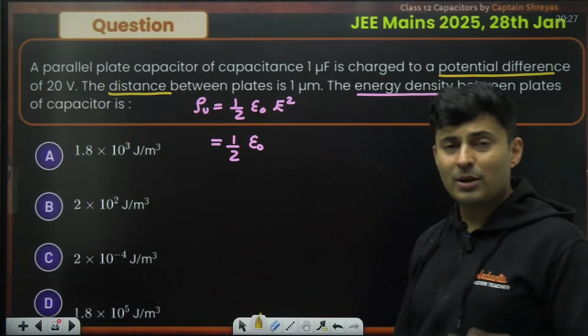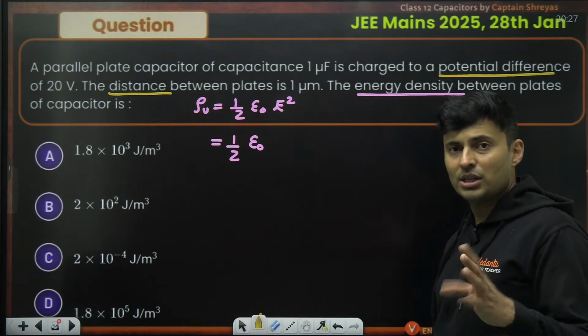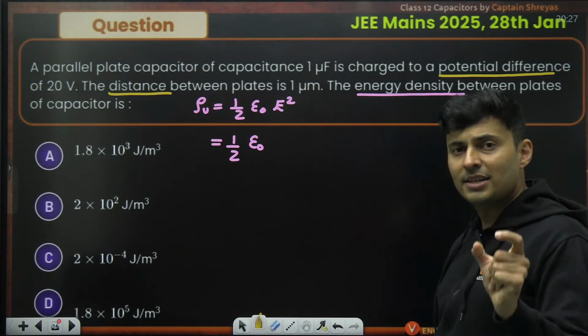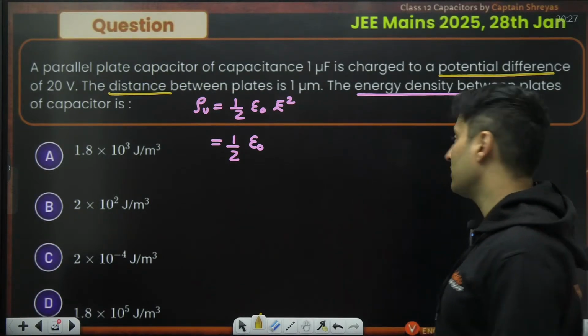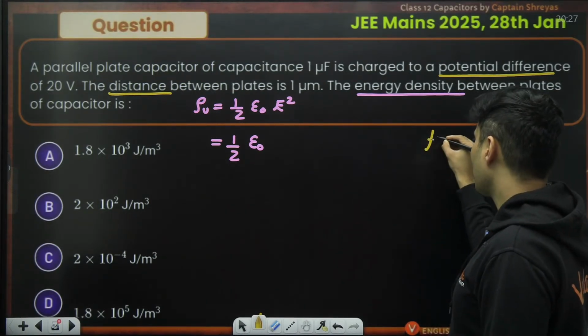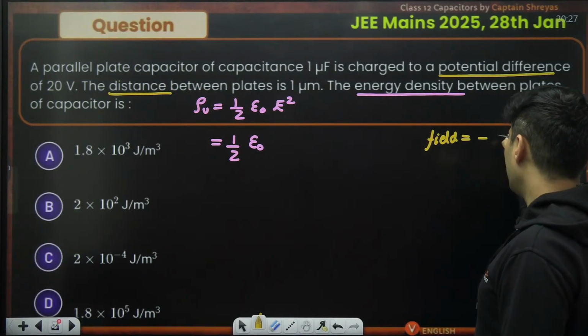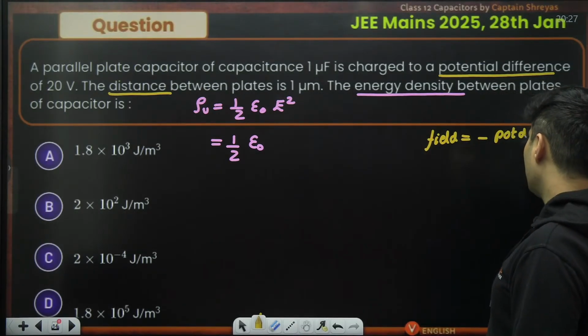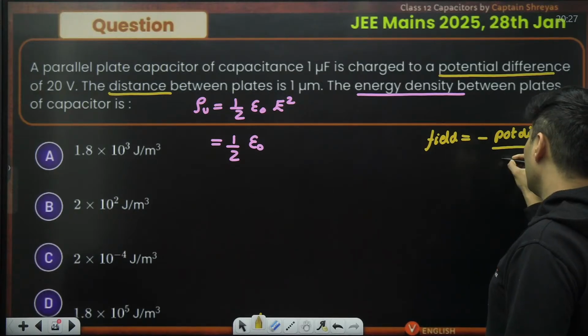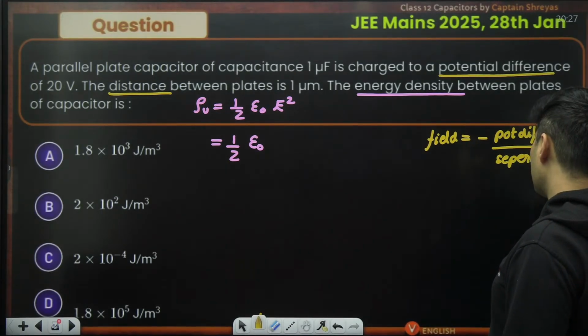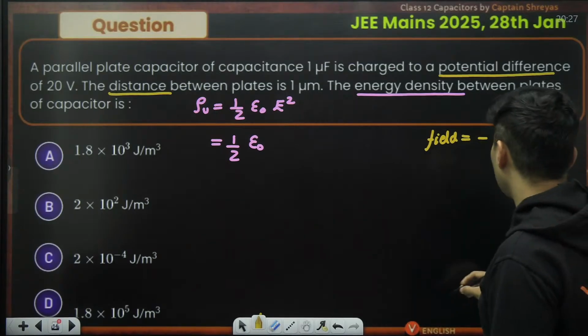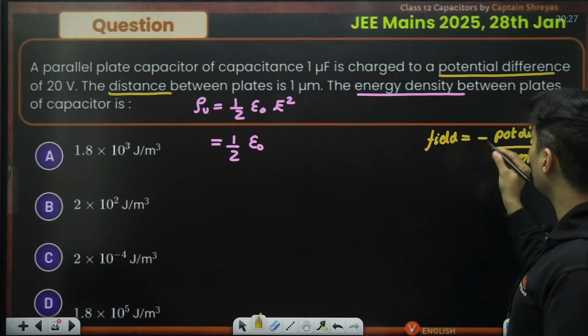If you recollect from the chapter of electrostatic potential, there is a relation between field, potential and distance. The field is the negative of the potential difference upon the separation. That was the formula: E is negative dV by dr. But here I am interested only in the magnitude.